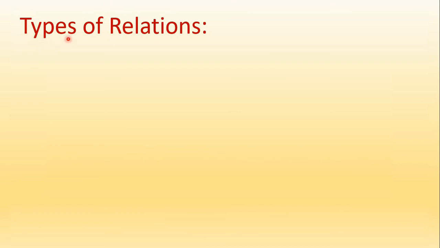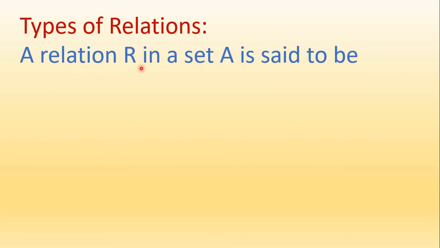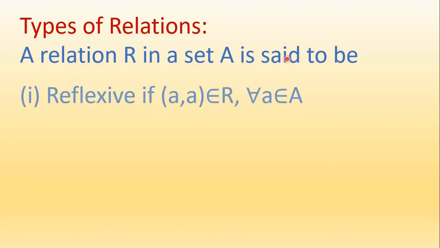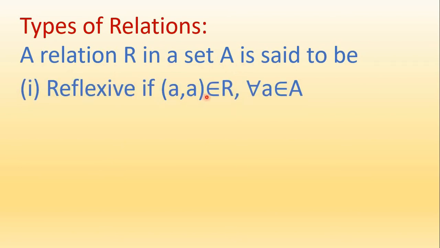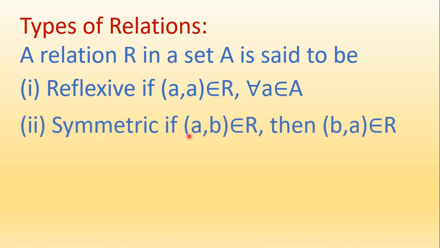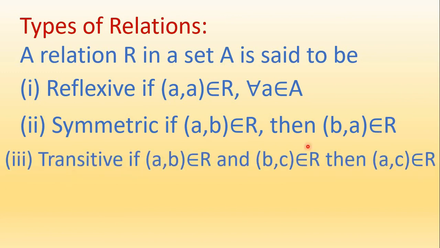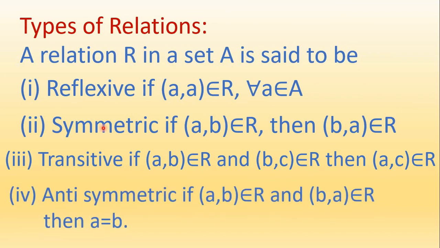Dear students, we will discuss types of relations. A relation R in a set A is said to be reflexive if (a, a) belongs to R for all a belongs to A. Symmetric if (a, b) belongs to R, then (b, a) belongs to R. Transitive if (a, b) belongs to R and (b, c) belongs to R, then (a, c) belongs to R. Antisymmetric if (a, b) belongs to R and (b, a) belongs to R, then a is equal to b.